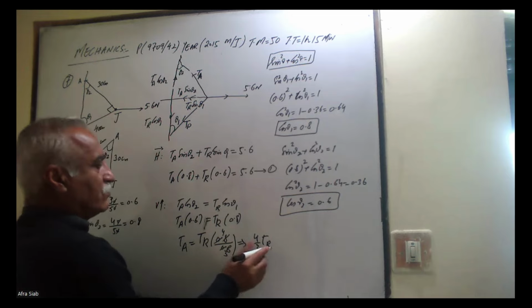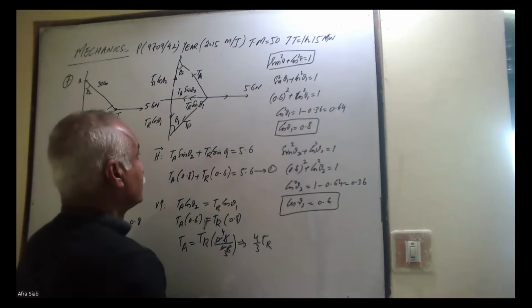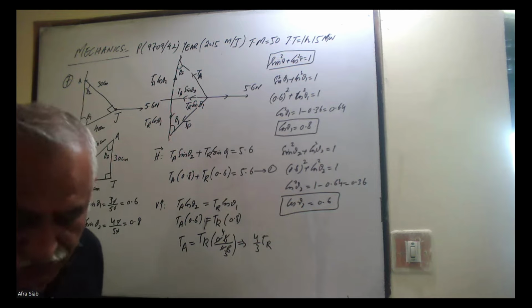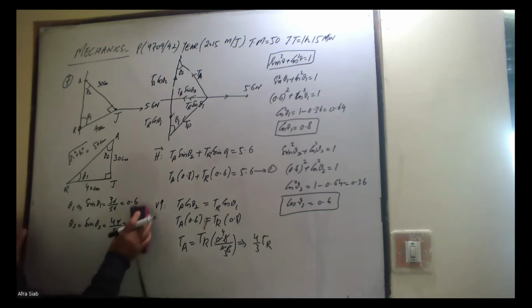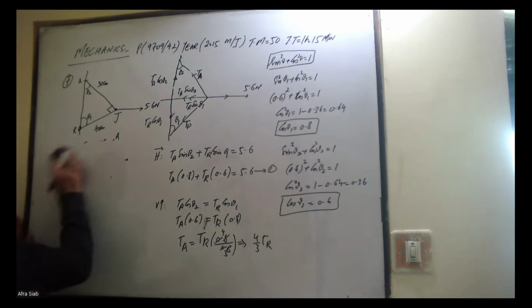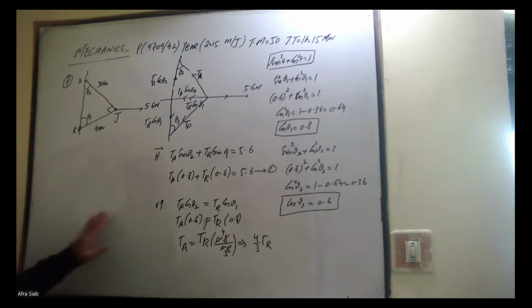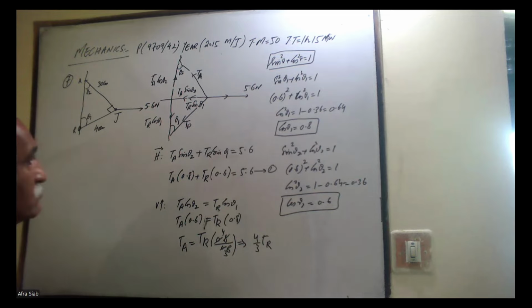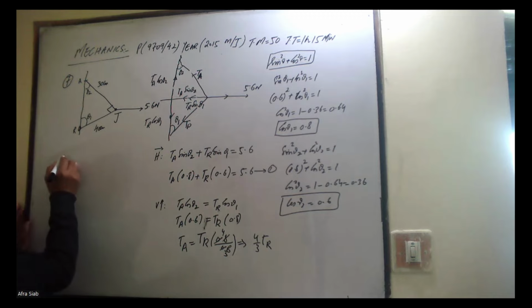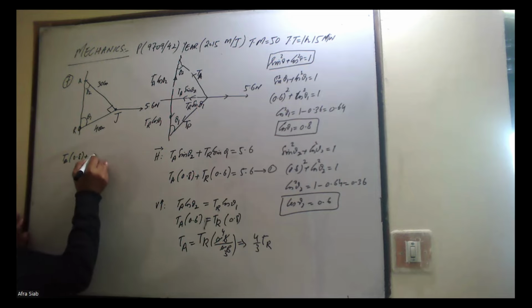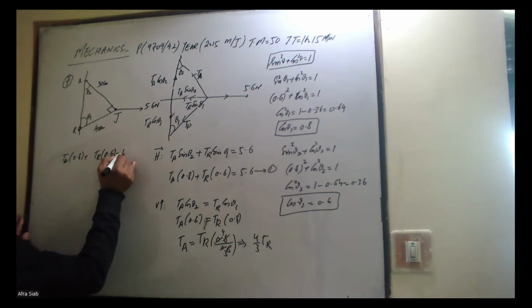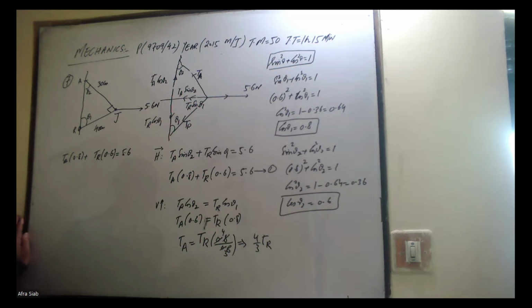Now we put this value into equation number 1. TA into 0.8 plus TR into 0.6 is equal to 5.6.